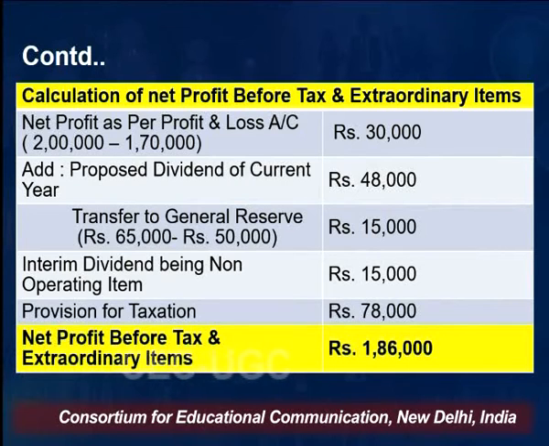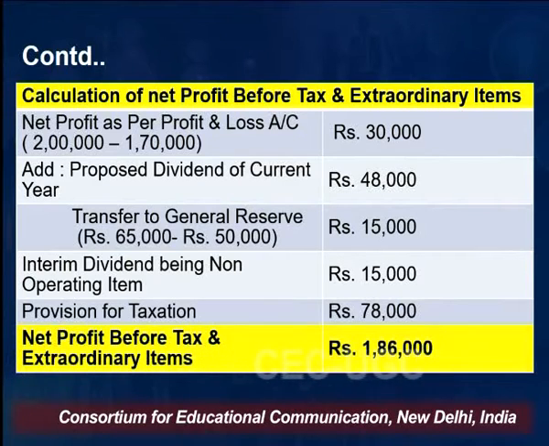Interim dividend is a non-operating item. Interim dividend, which was paid out of the operating profit, is an item which belongs to financing activity, but not operating activity. So what we have done here, we have added back this 15,000 as well. And lastly, provision for taxation, rupees 78,000.